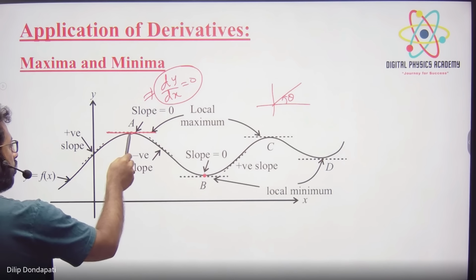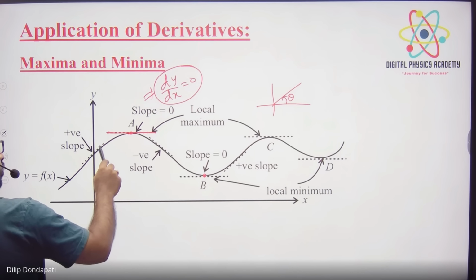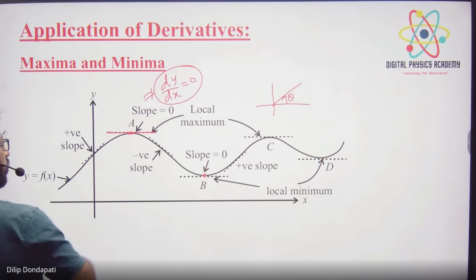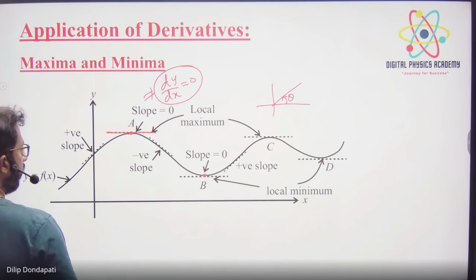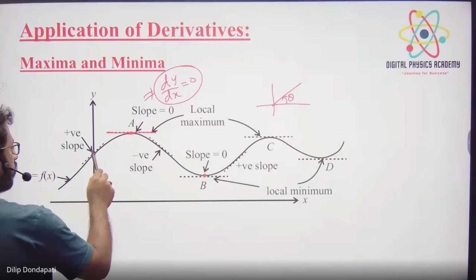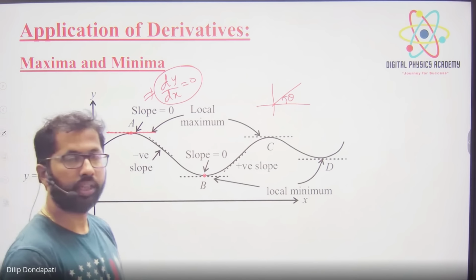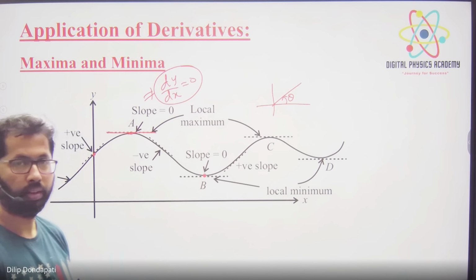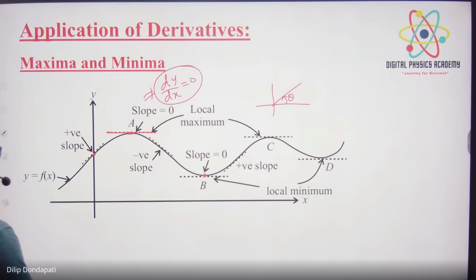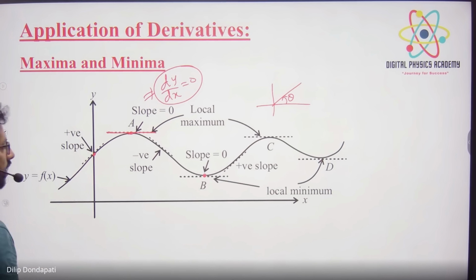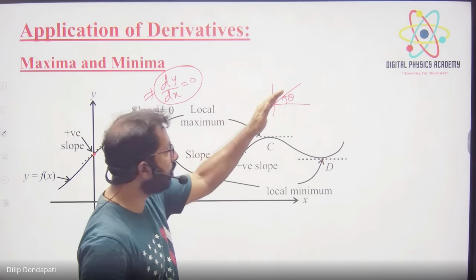Okay. Now we'll talk about the slope at a maximum. First, maximum we'll talk. You tell me, here is the slope negative or positive, and why? At this point, is the slope positive or negative? Tell me, and why? Positive slope. Why? Because it is positive by axis. No, not positive axis, it is not like that. Slope means what? That line should cut the x-axis.